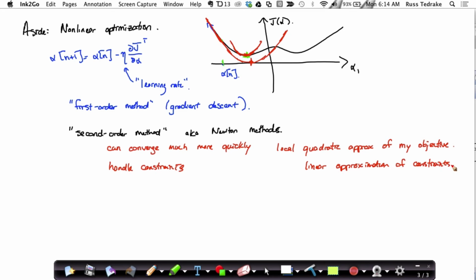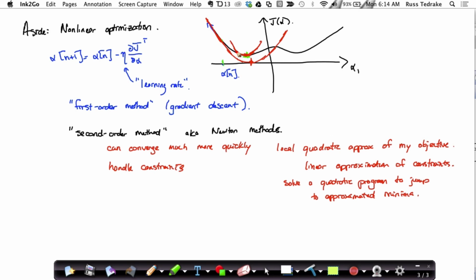And then one way to do it, for instance, if I make these approximations, is I can solve a quadratic program to jump to the approximated local minima. Then I'll evaluate my function at that point, make a new quadratic and linear approximation, and continue.